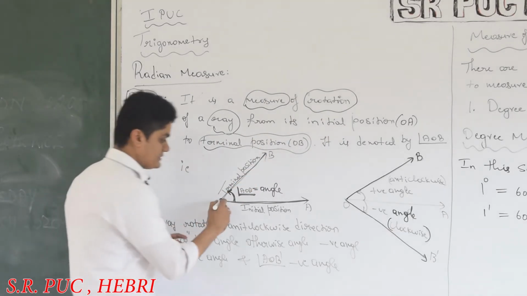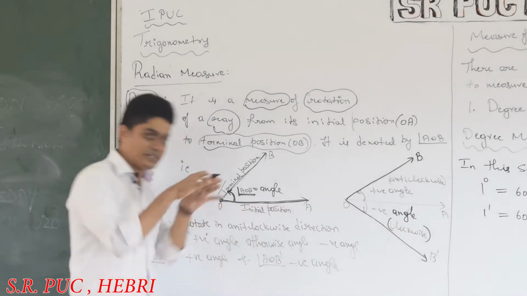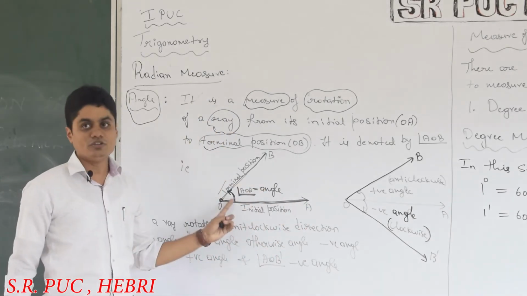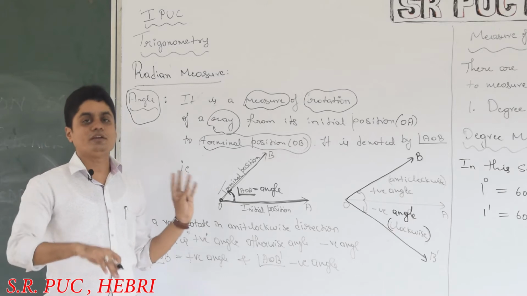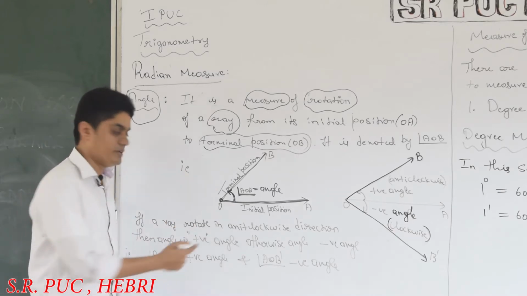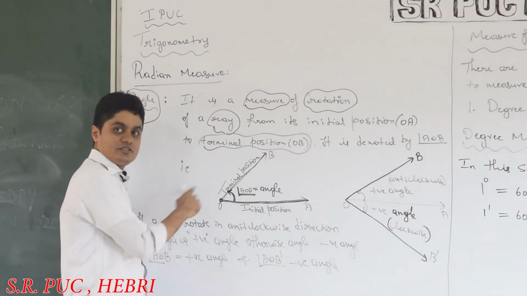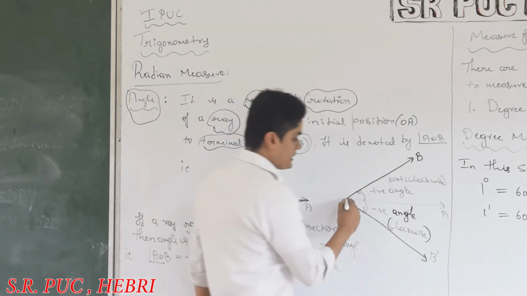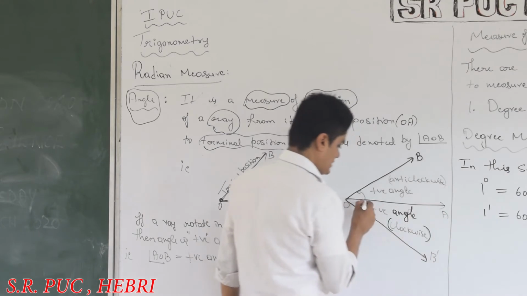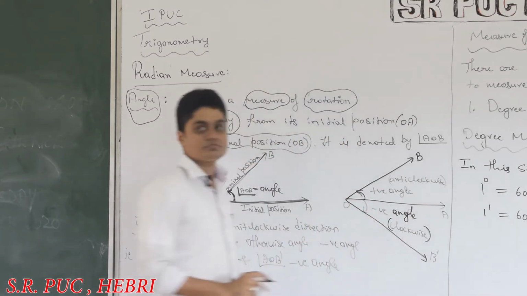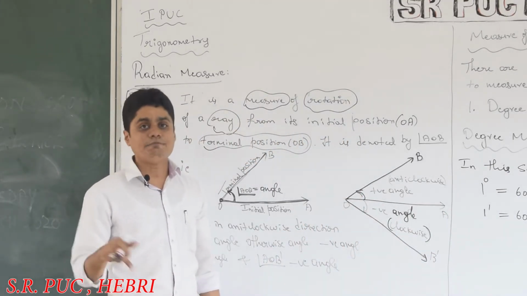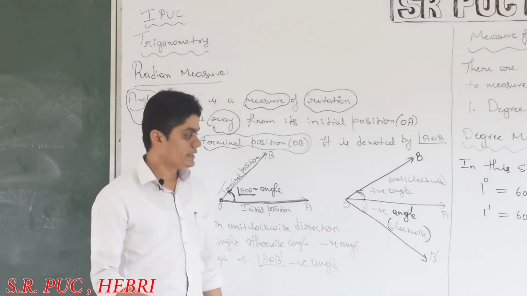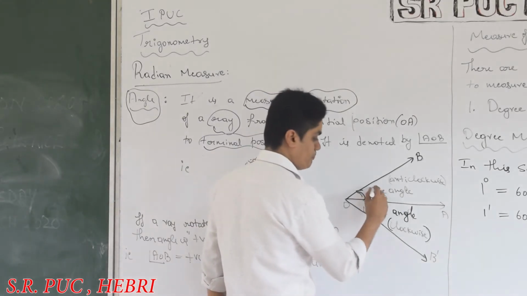Now, if you consider this as the initial position, the horizontal line will be considered as the initial position, then you know this ray may rotate in two different directions. It may rotate in anti-clockwise direction or it may rotate in clockwise direction. Suppose a ray rotates in anti-clockwise direction like this, then the angle formed by that ray is always a positive angle.